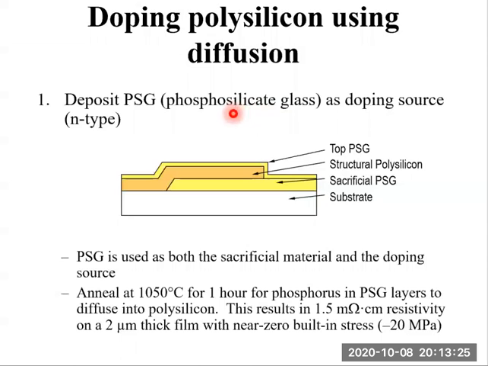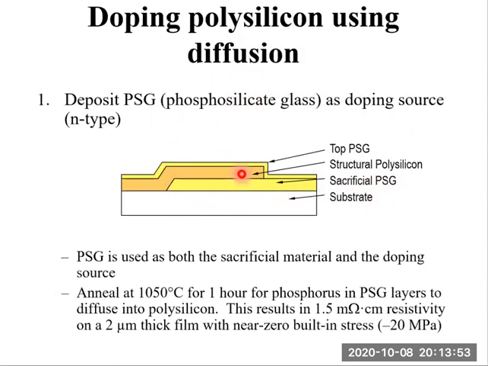It is a source of phosphorus, but later we will have a more detailed introduction. We use the PSG as a doping source for polysilicon. As shown in this figure, we first deposit and pattern a sacrificial PSG layer. This is the first PSG layer.